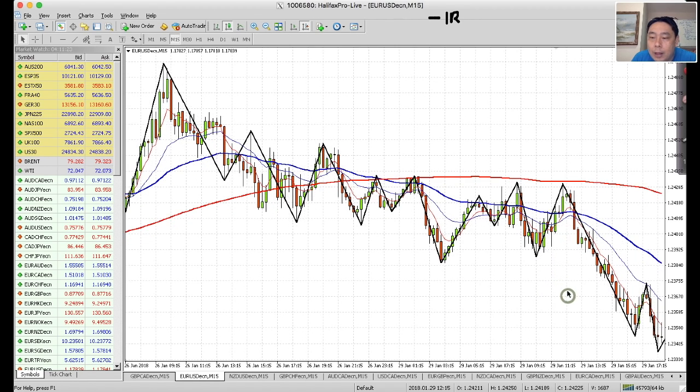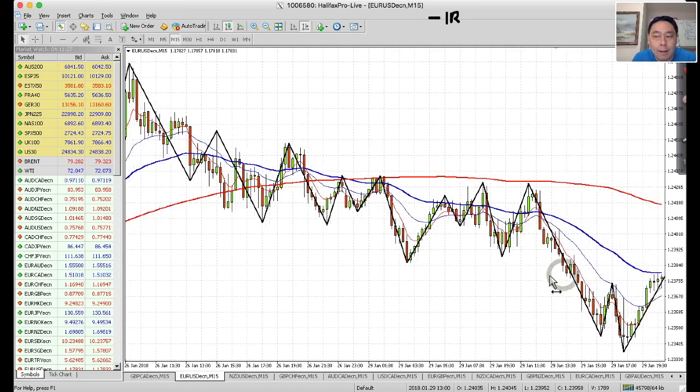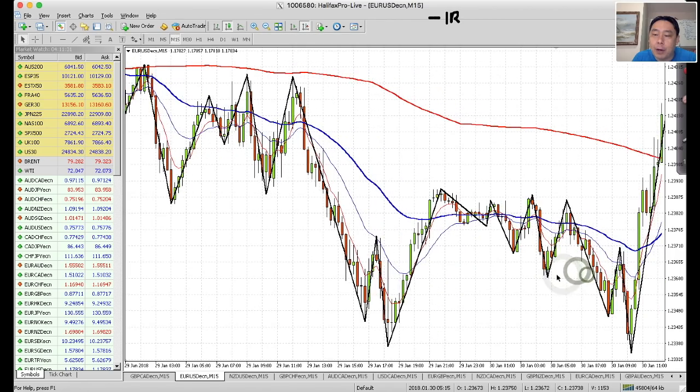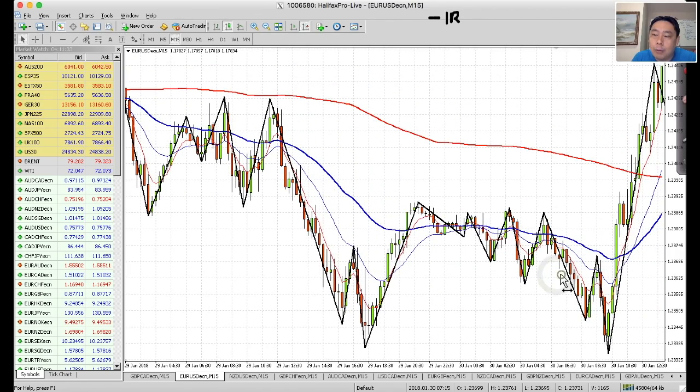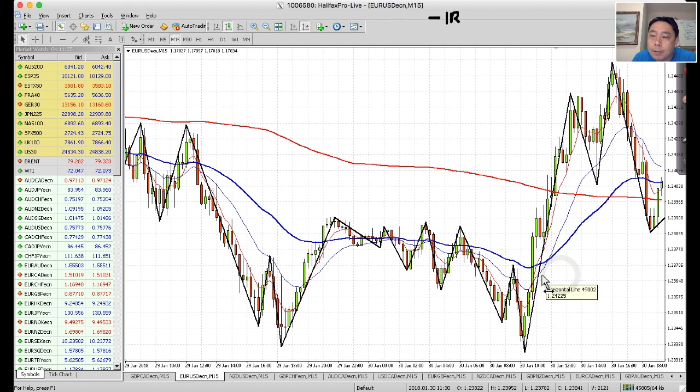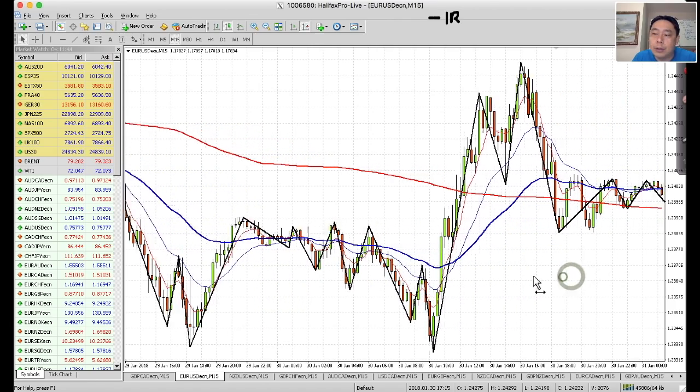That's not a Fibonacci. It's making lower highs and lower lows, but that's not a Fibonacci level, I can tell. Okay, so right now the moving averages are not aligned with the price action, so I'm going to wait for it to be aligned. No, higher highs but lower lows. That's not in sequence.